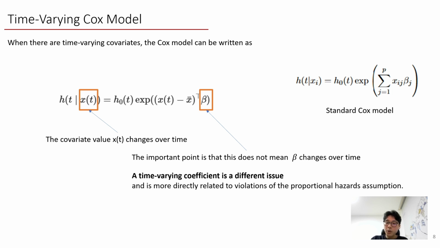A time-varying coefficient is a different issue and is more directly related to violation of the proportional hazard assumption. Here we separate that issue and focus on the case where the covariate value itself changes over time.